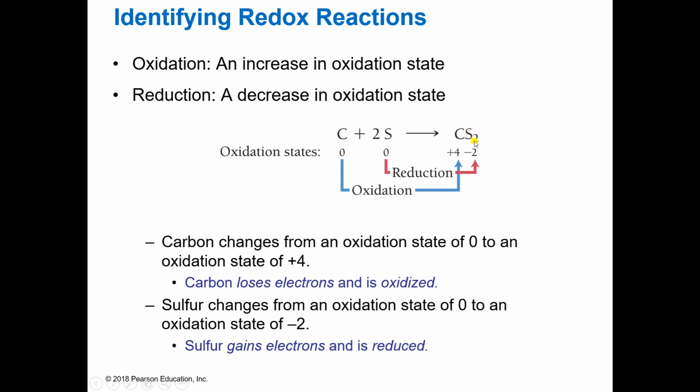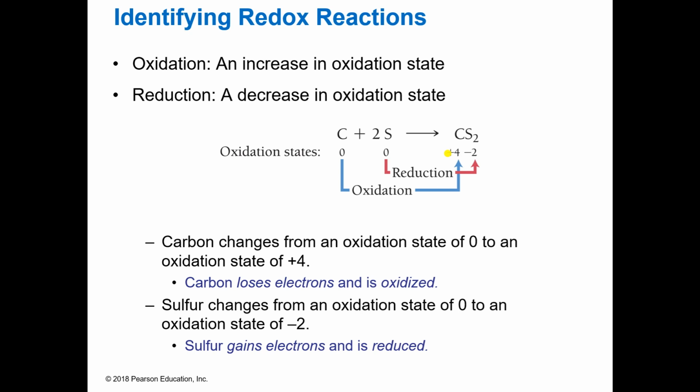So -2 times 2 is -4. X plus -4 must equal 0, so the only choice the carbon could be is +4. So it goes from 0 to +4. That is a loss of negativeness, a loss of electrons, 4 of them specifically. Therefore, it's the carbon that is oxidized, and therefore the reducing agent.